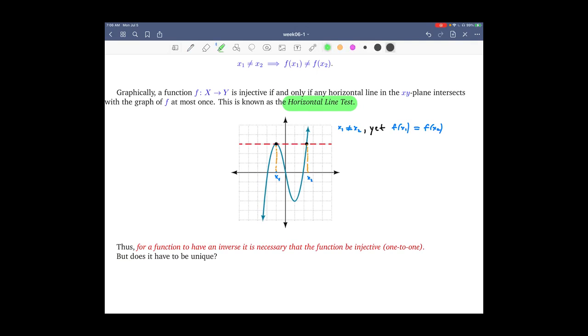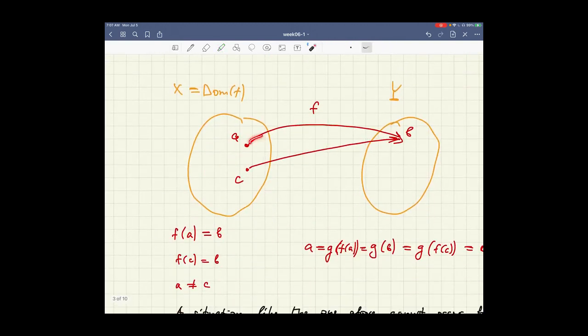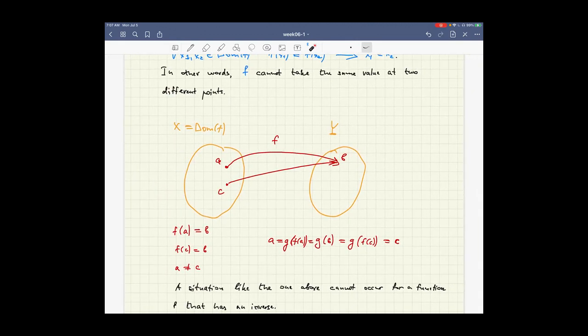Once again, for a function to have an inverse, it's necessary that the function be injective. There must be no gluing, like in this picture. A and C glued to B upon the action of f. This must not occur in order for a function to have an inverse.